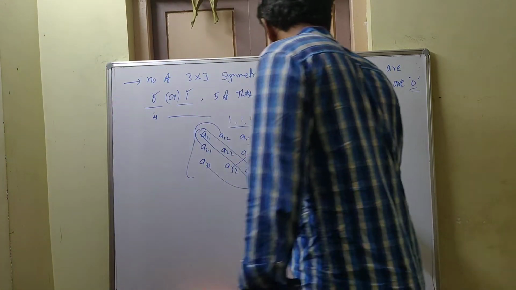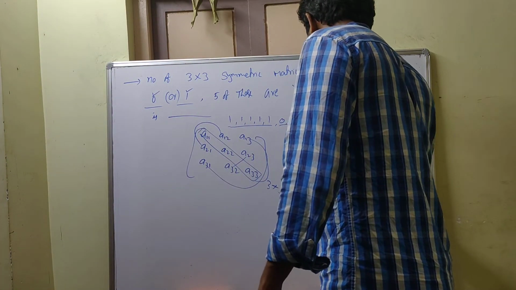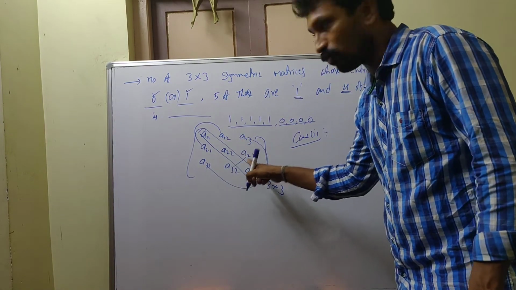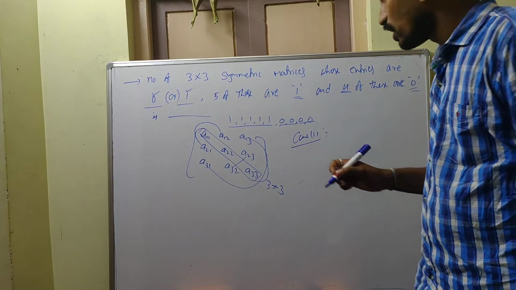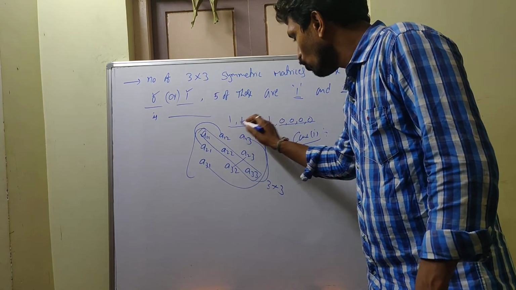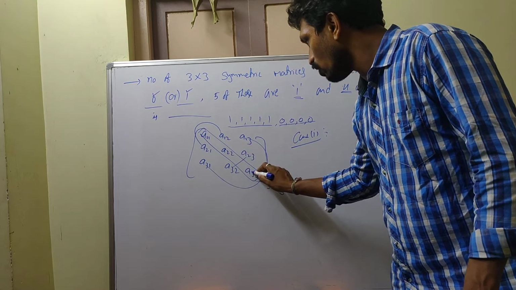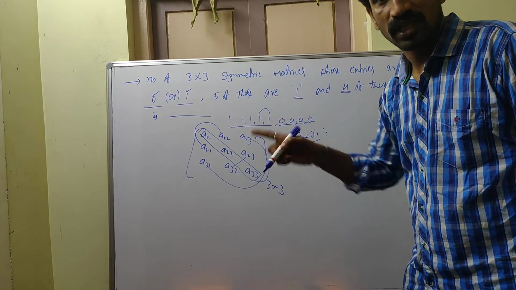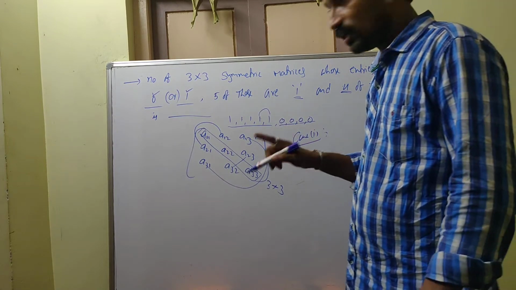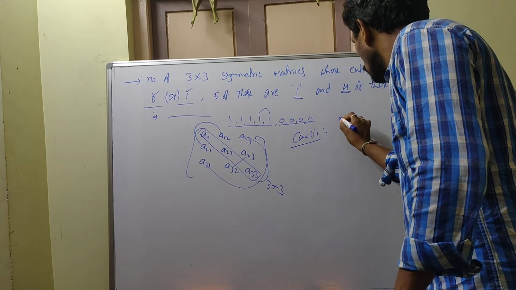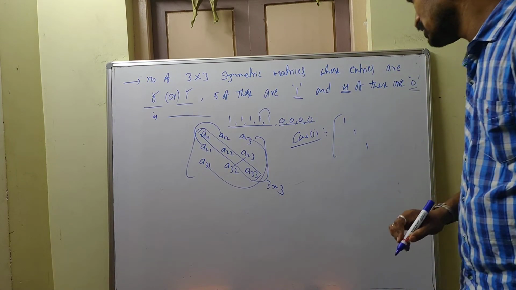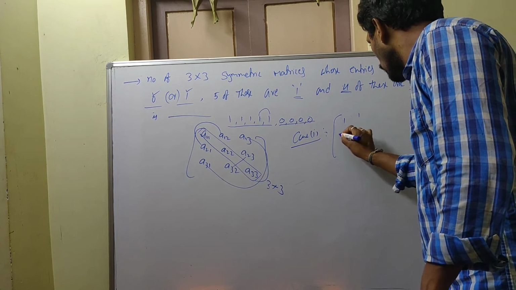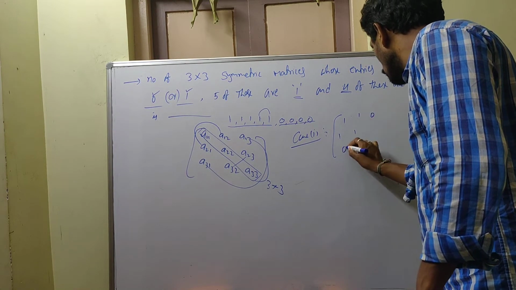Okay, case 1. Any 4 of these positions we fill with zeros, and the rest with ones. So the principal diagonal elements should be all ones, and the remaining positions here we fill with 0 0 0 0.